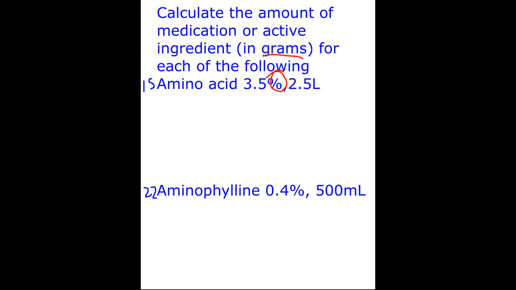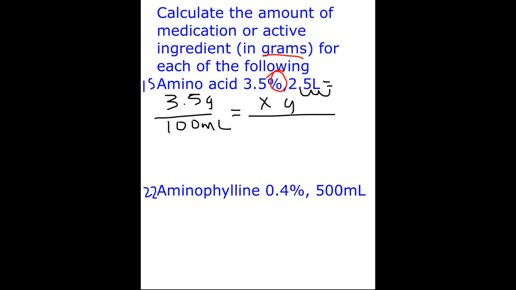So percent converts to grams, so 3.5 grams per 100 milliliters is equal to X grams per, and liter basically means multiplying this by 1,000 or moving our decimal 3 spaces to the right.